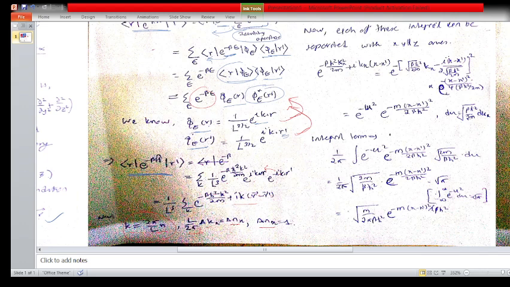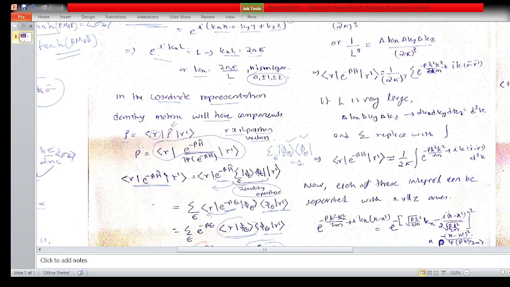And what is delta n? Delta n is nothing but 1, because n will have values 0, plus or minus 1, plus or minus 2, plus or minus 3. So the change in n must be unity, because we are considering integer values. So delta n is nothing but 1. Since delta n is 1, L by 2 pi delta k is 1.